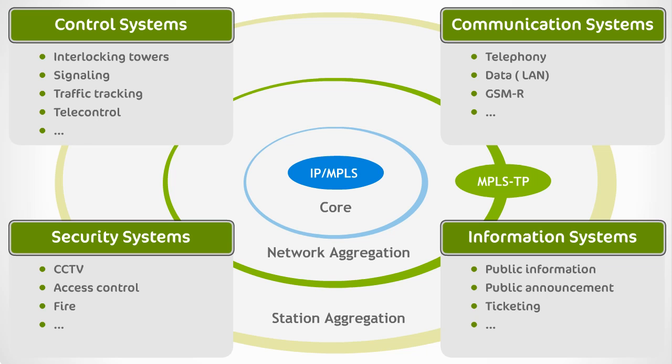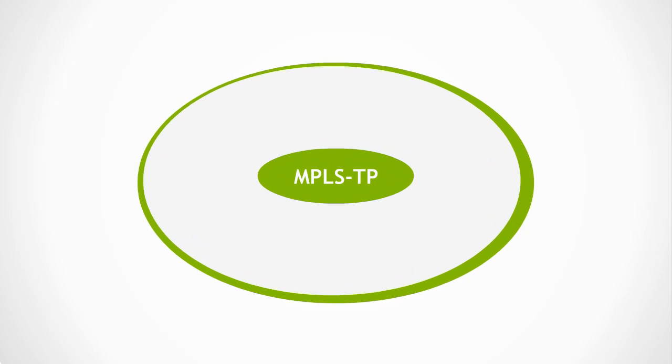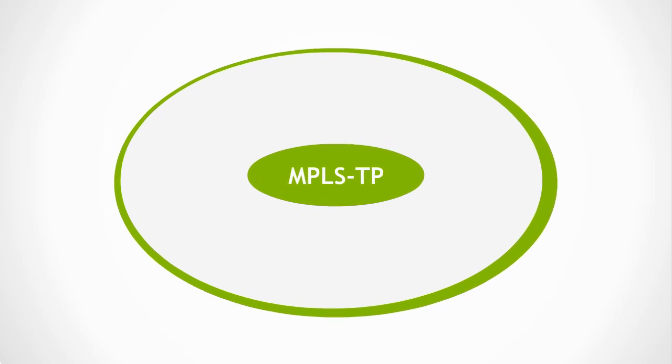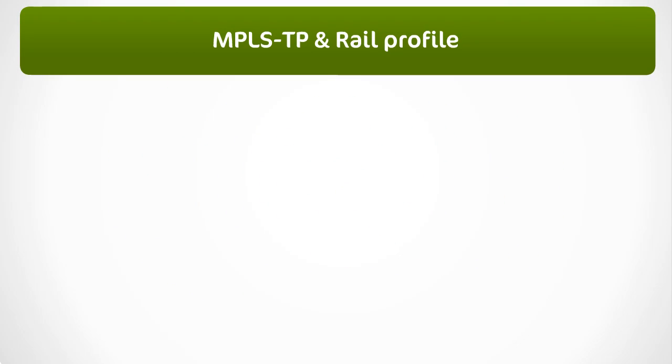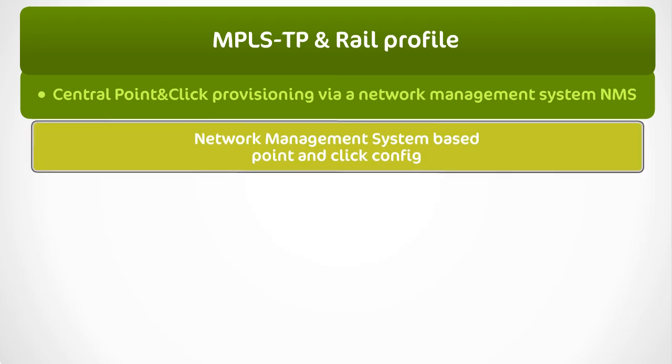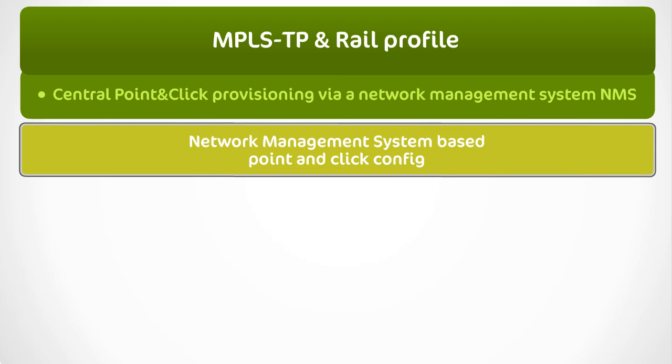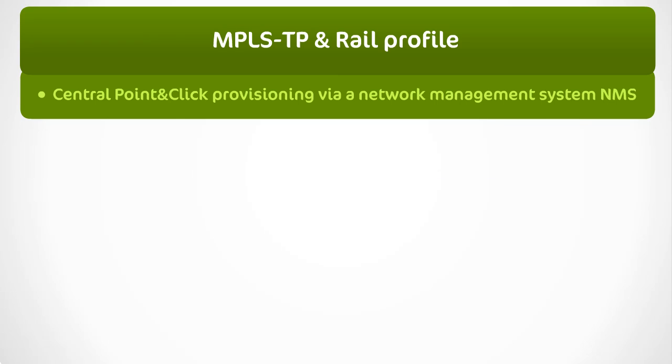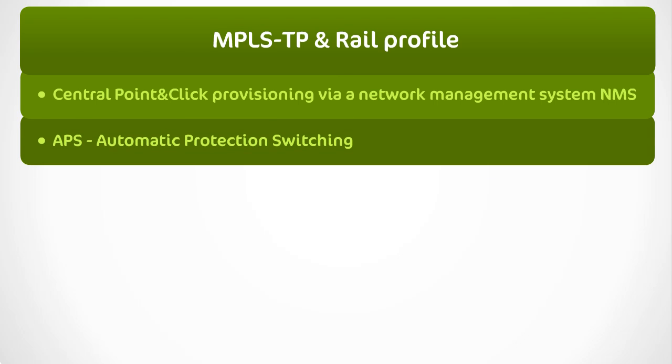Let's now summarize the benefits of MPLS-TP to see the advantages of this new standard in the rail network. MPLS-TP networks are centrally provisioned through a management system and support static NMS-based provisioning. MPLS-TP networks support APS to secure fast failover times in case of failure of the active path.